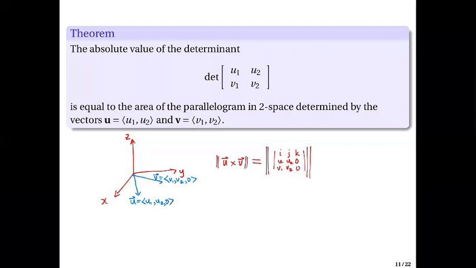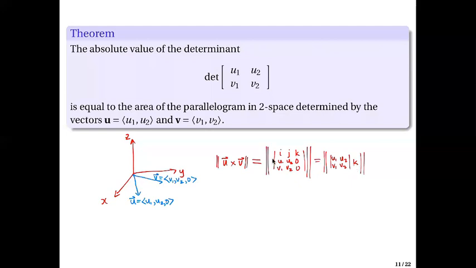But what is this? This is equal to the norm of k times the determinant u1, u2, v1, v2. Take note, I'm still using the norm because k is a vector.